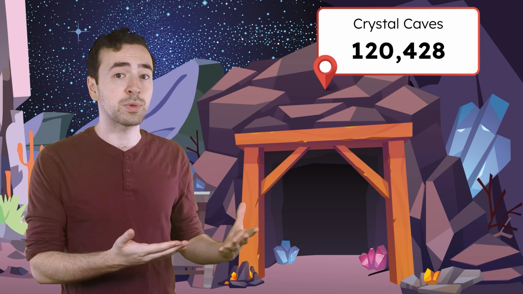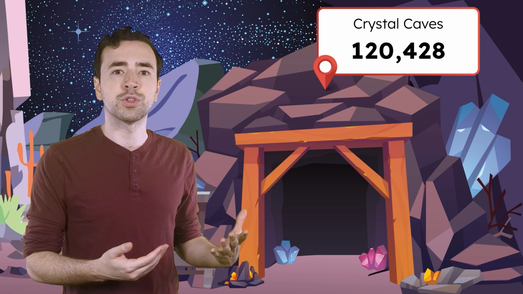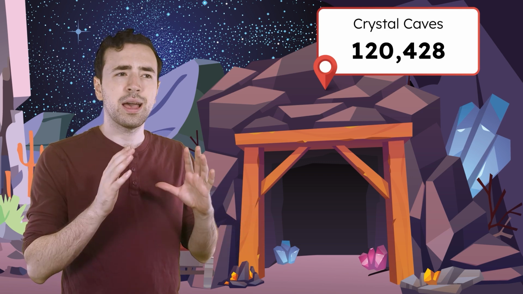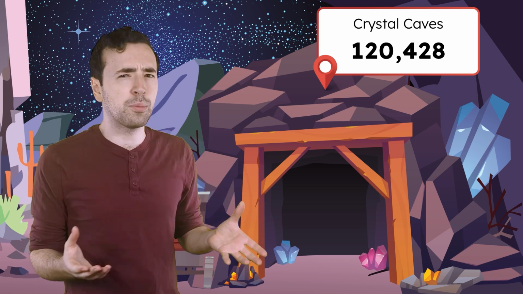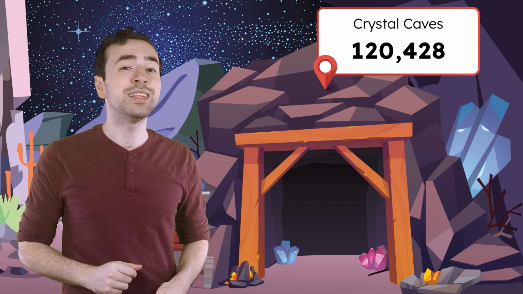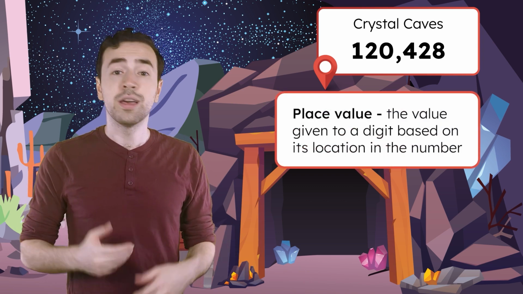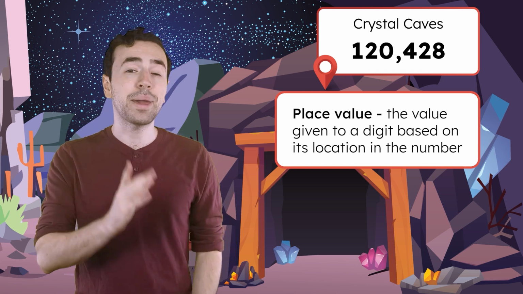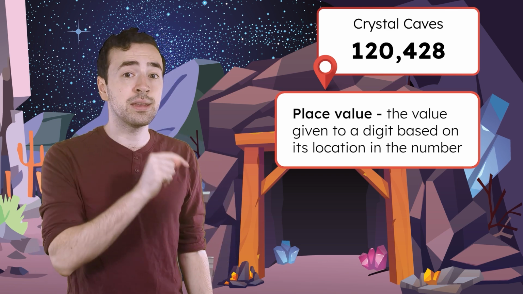Numbers can be expressed in different forms and tell specific amounts. When numbers are represented by digits, like 120,428, how do we know how much that is? We know because of each digit's place value, the value given to a digit based on its location in the number.